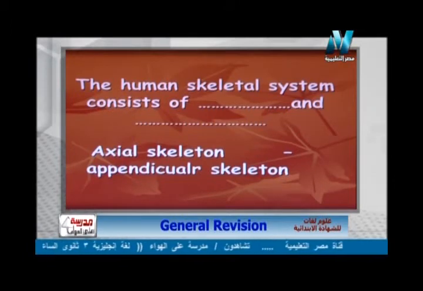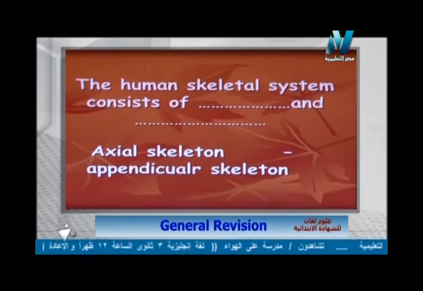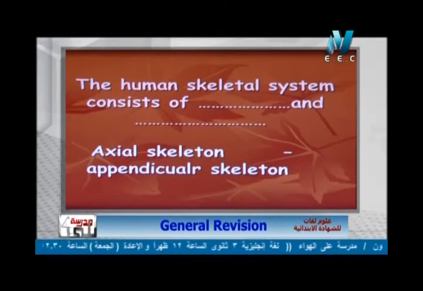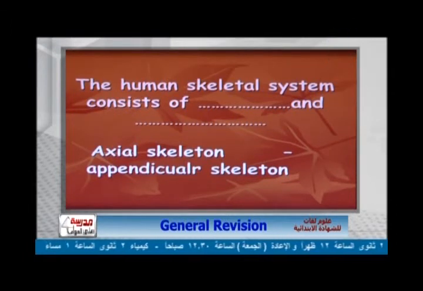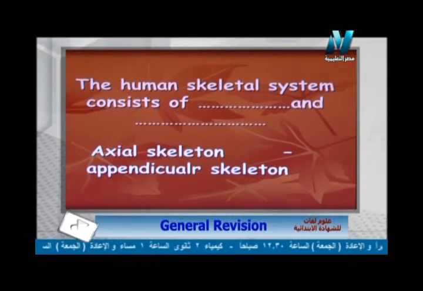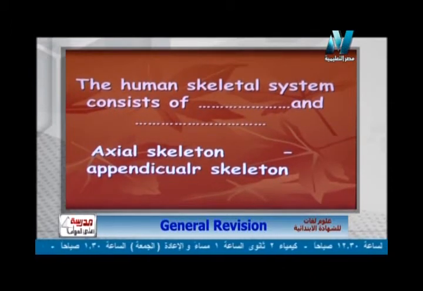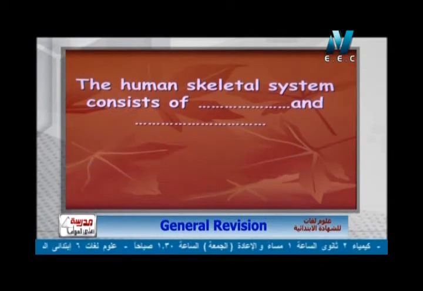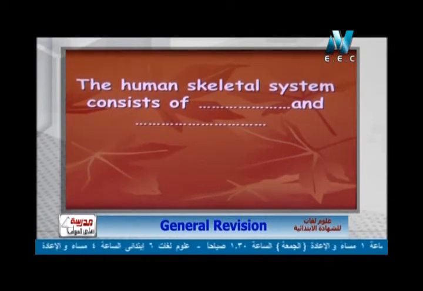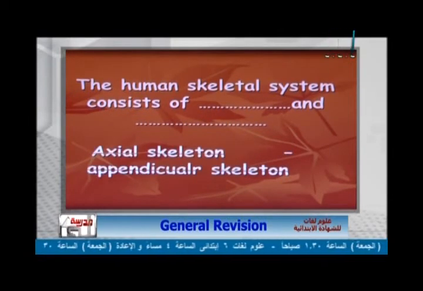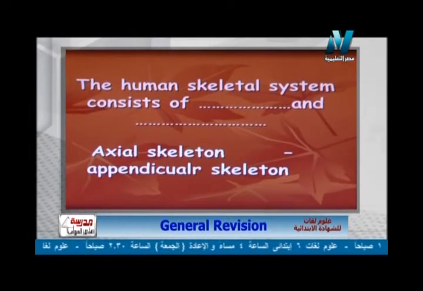So what about the appendicular skeleton? The appendicular skeleton consists of two main parts which are upper limbs and also the lower limbs. So here again the question says the human skeletal system consists of what and what? Surely it will be the axial skeleton and appendicular skeleton. Another question.